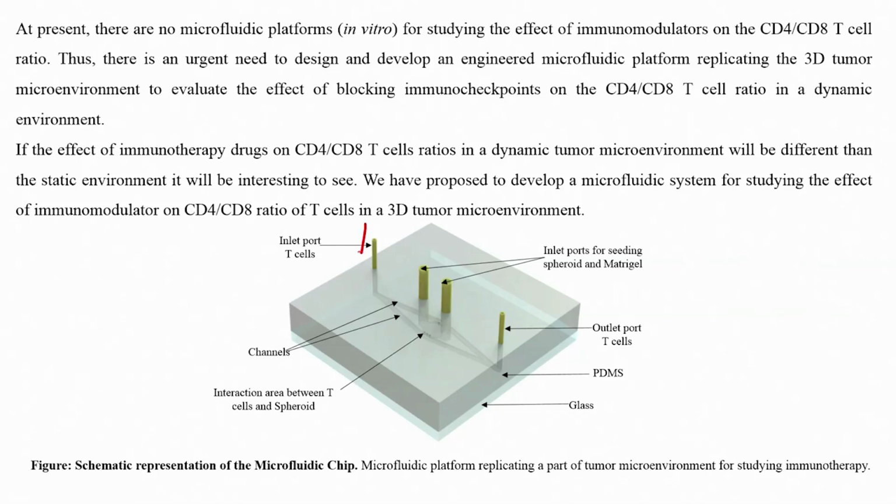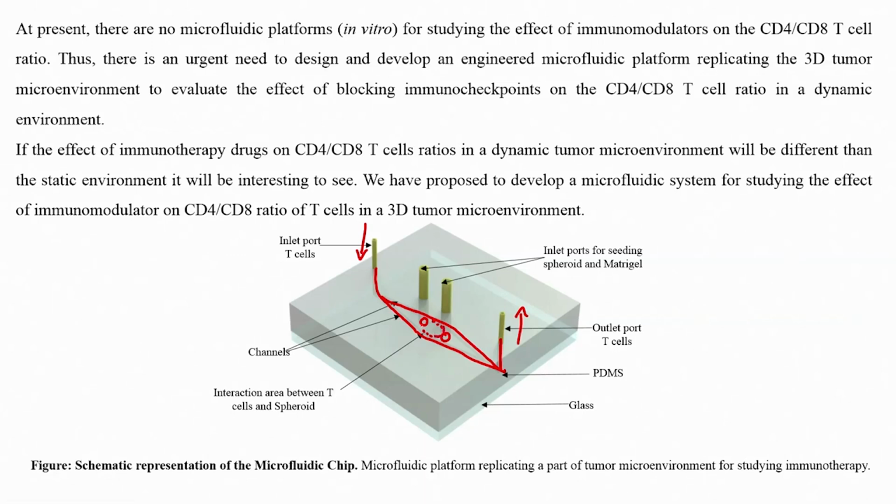There is an inlet port, right. You can see there is a microfluidic chip that goes here and merges here, this goes from here, goes all the way, it merges here, this is the outlet, this is inlet, this is outlet. In here there is a circle where you can load the cancer spheroid.